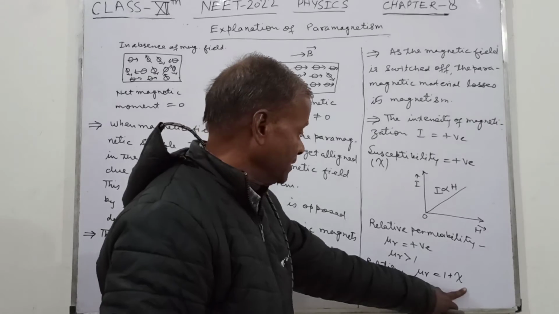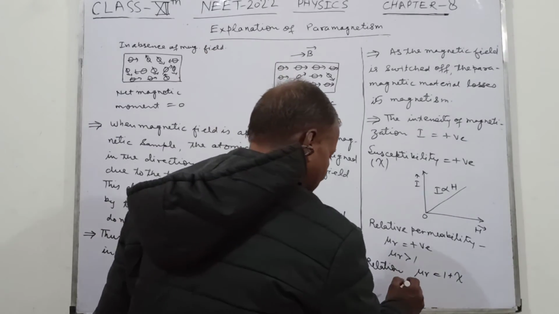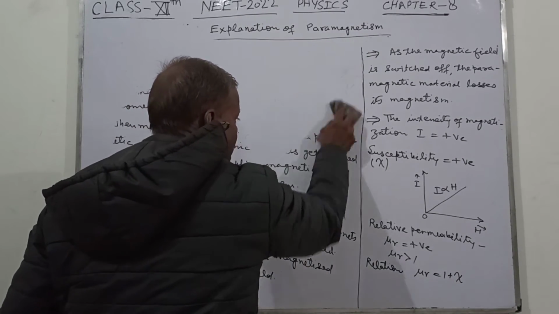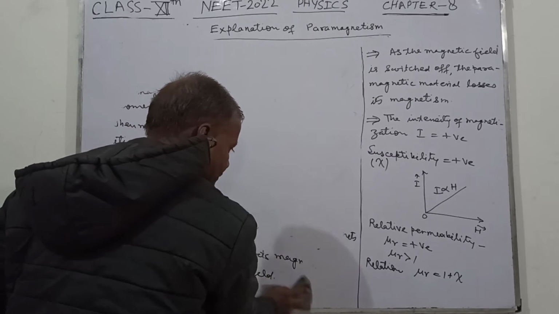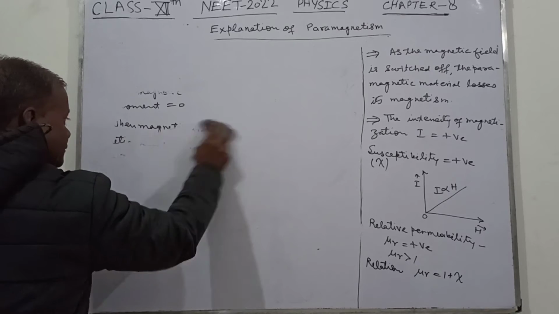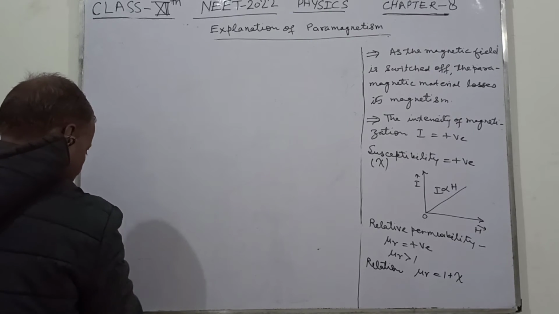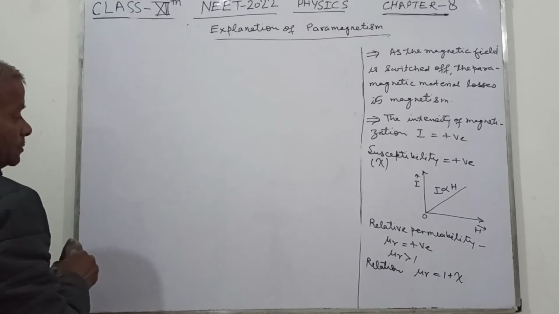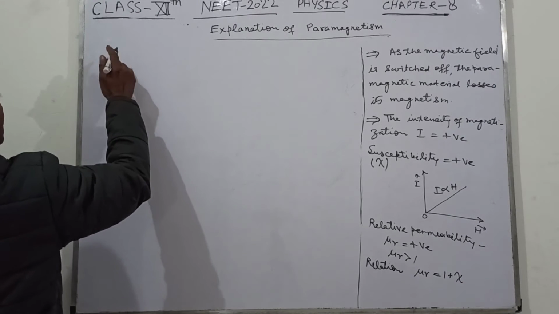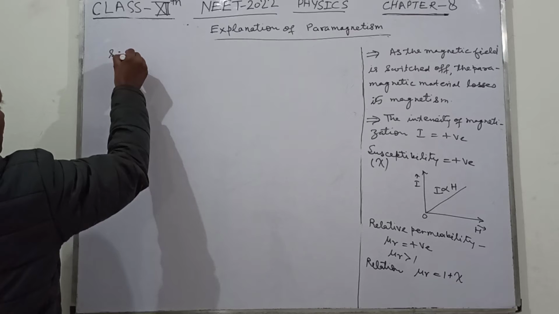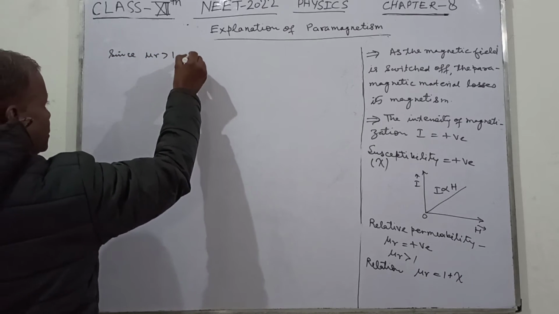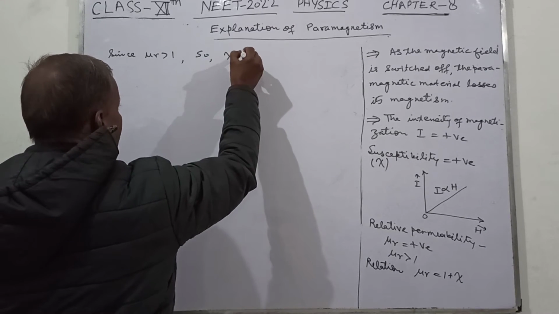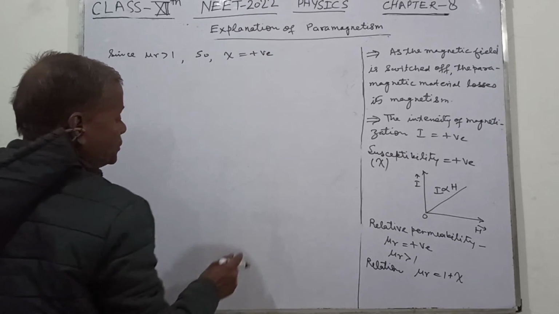So since this mu r is greater than 1, chi is equal to positive. Chi is positive.